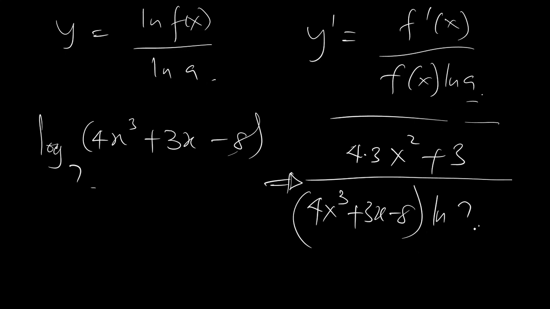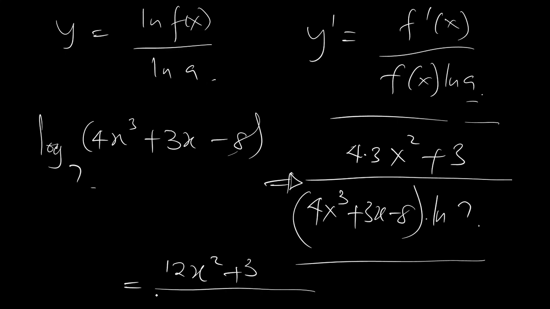So the final answer is 4 times 3 is 12, so 12x squared plus 3 divided by 4x cubed plus 3x minus 8 times ln 7.